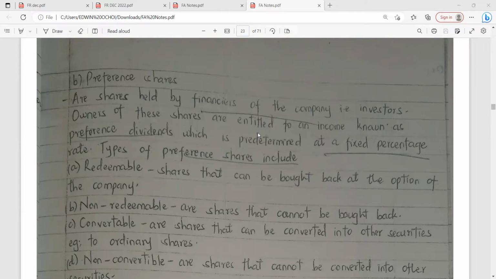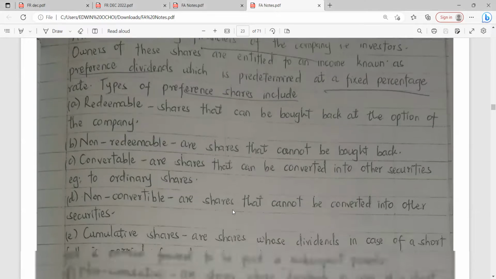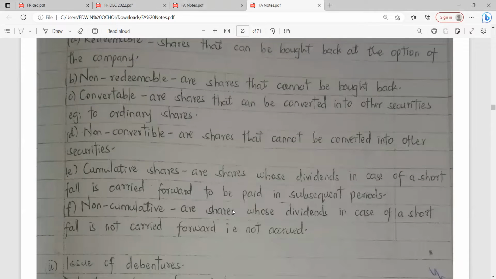But the non-redeemables are shares that cannot be bought back. You consider them as irredeemable. They are liabilities. And we have convertible and non-convertible, cumulative and non-cumulative. So those are the types of preference shares. But when they say just preference, mostly at your level they can say redeemable or irredeemable. Redeemables are equity, irredeemable are liabilities.